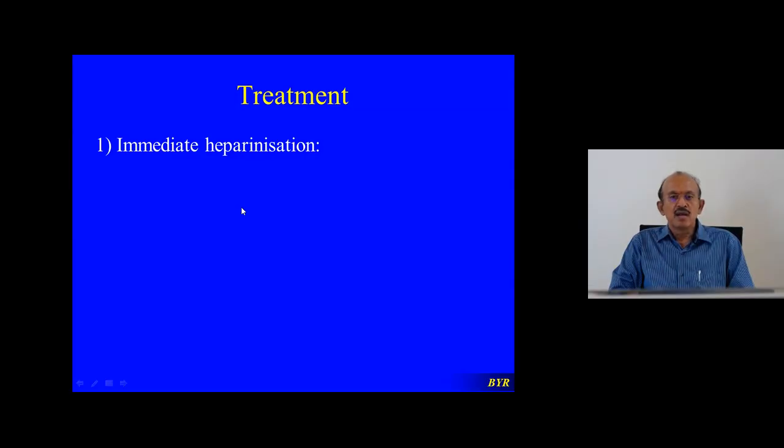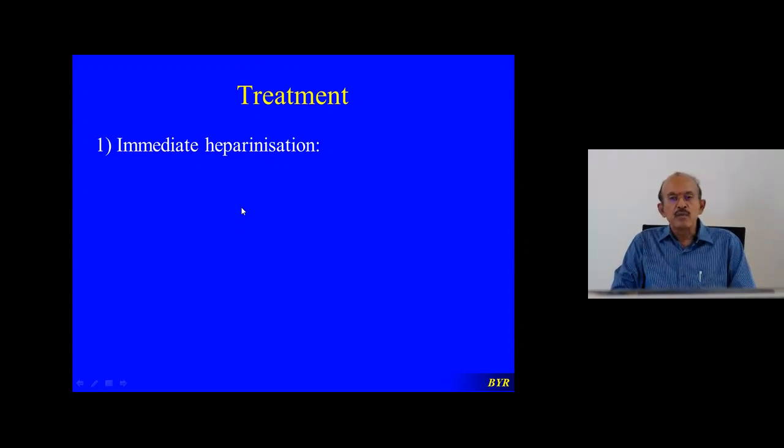If it lyses the clot, it is called a thrombolytic agent. If it prevents, it is called an anticoagulant. Very good. It is only to prevent thrombus formation.